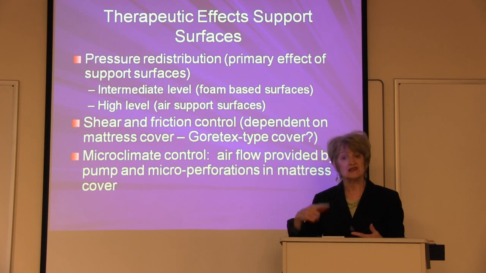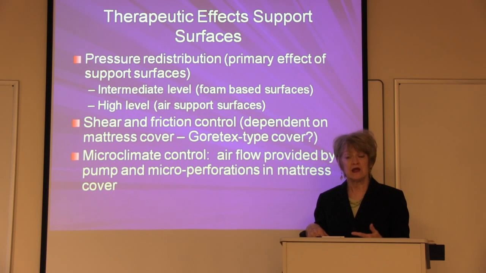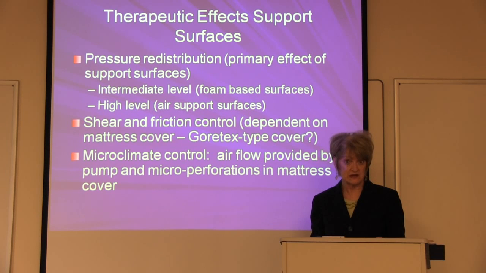But if their condition deteriorates and they require head of bed elevation because of tube feedings, then you've got to look at that device and think, does this device have shear and friction control? If not, I need to upgrade this patient to a device that provides shear and friction control. If a patient has major problems with moisture, you've got to upgrade them to a device that provides moisture control.